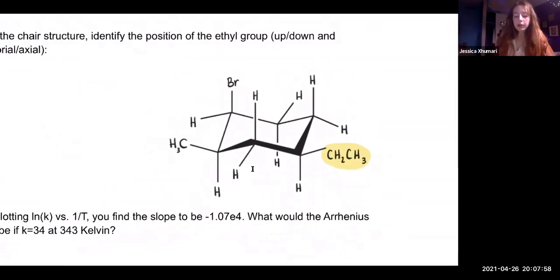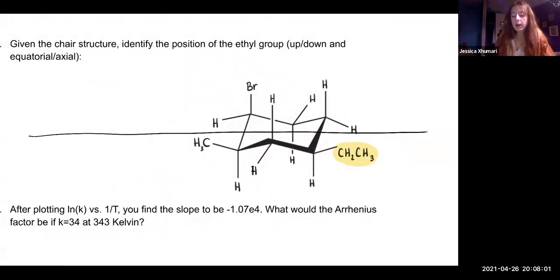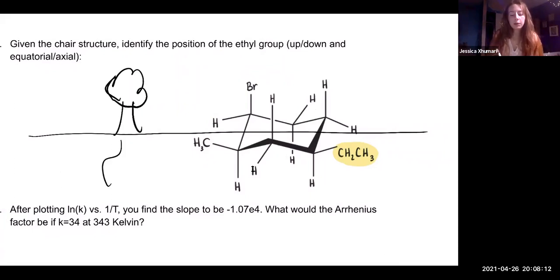So imagine this is the plane, and this ring here is within the plane, okay? And let's imagine like a tree, okay? This is the plane, and then here are the roots, okay?